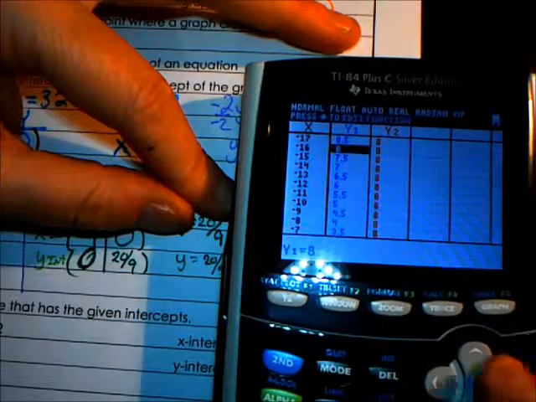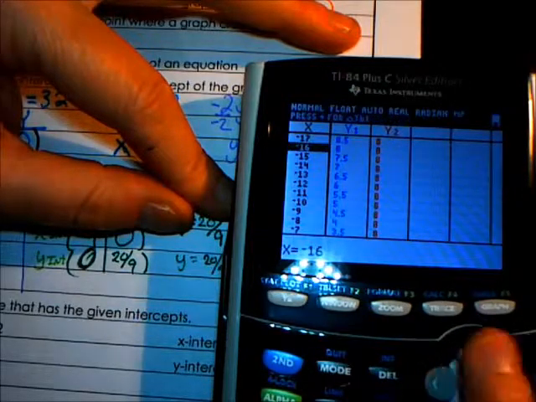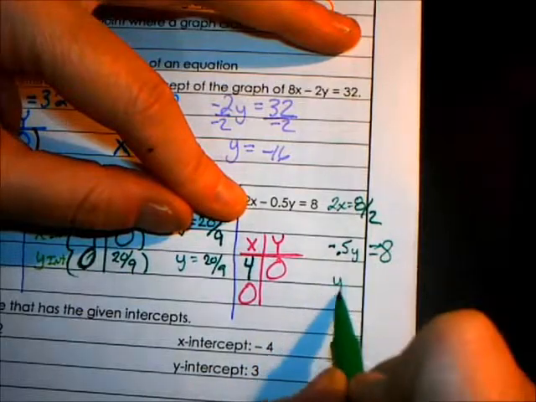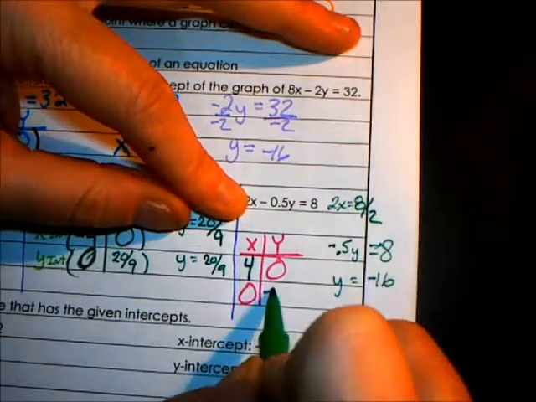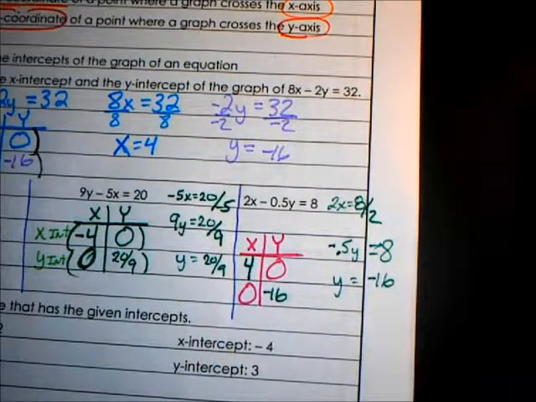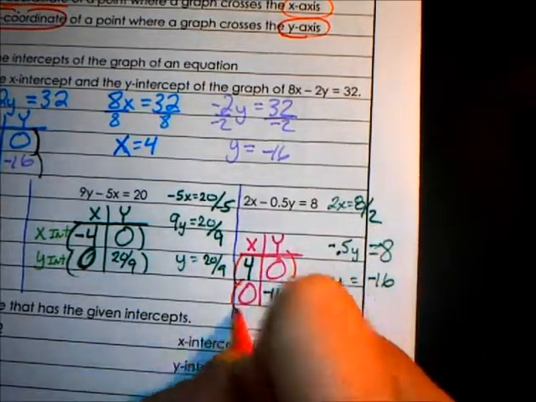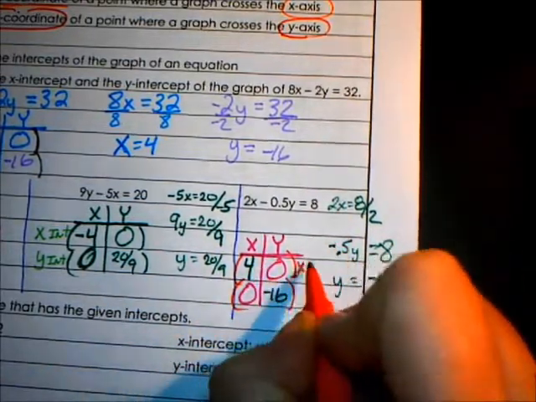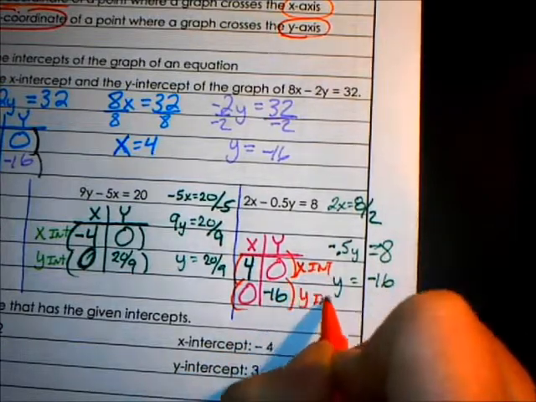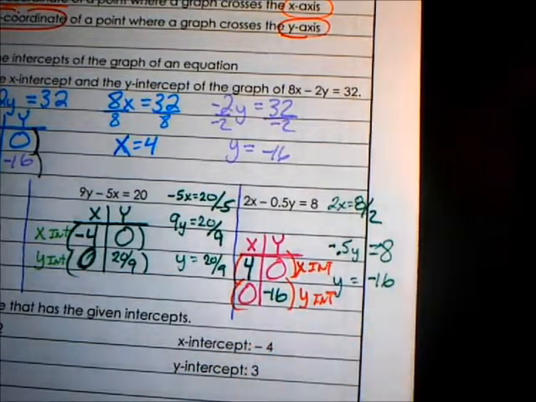There it is. 8 on both answers is a negative 16. Okay, so there's my two coordinates, 4, 0 and 0, negative 16. The first one is your x-intercept, and the second one is your y-intercept.